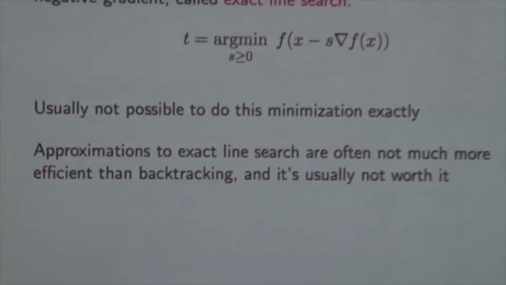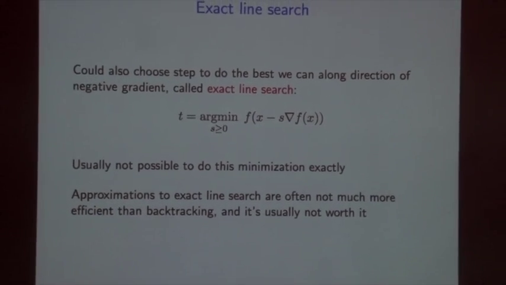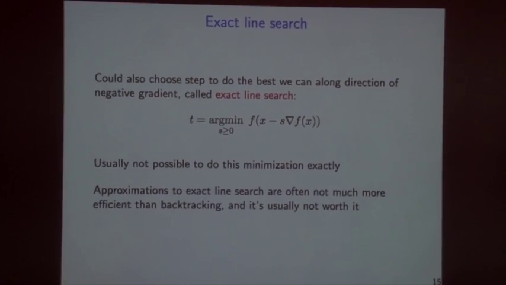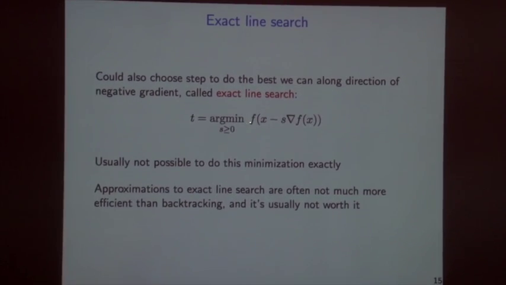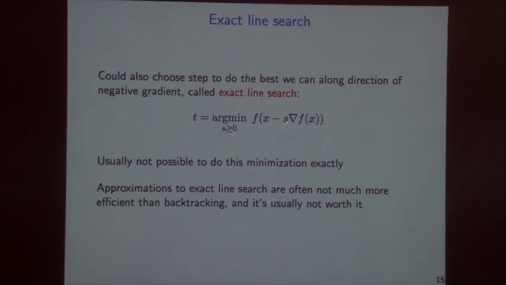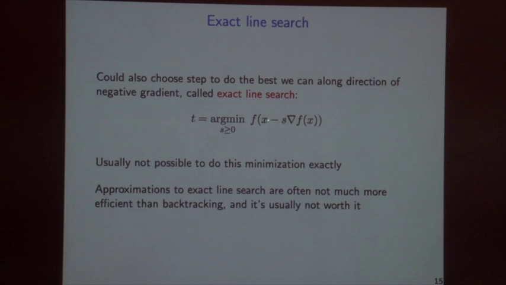Of course, there is another approach. You might try to actually solve the following minimization problem and figure out the optimal step size. Here you're looking at your objective as a function of the step size s, along the line in the direction of the negative gradient, and trying to locate the truly optimal step size.